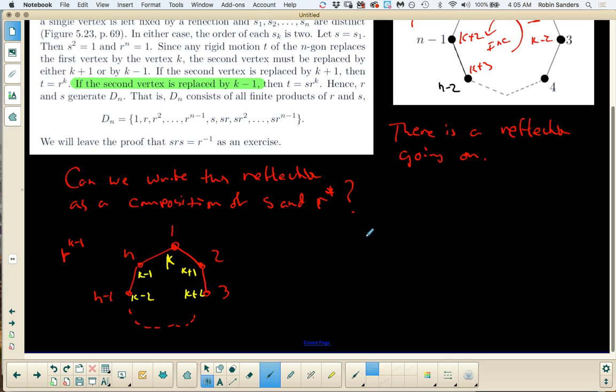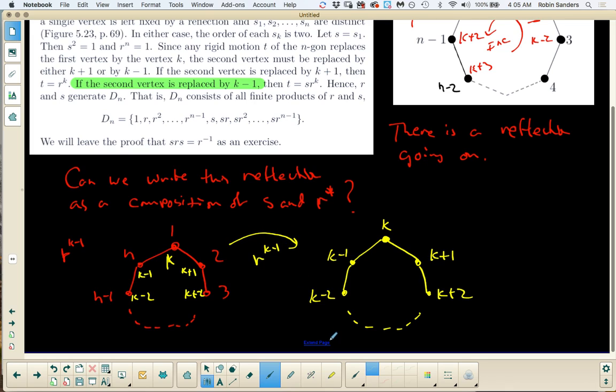So I'm going to highlight just those yellow labels. That was, of course, case 1. But now, this is what happens to the red n-gon when we do r to the k minus 1.